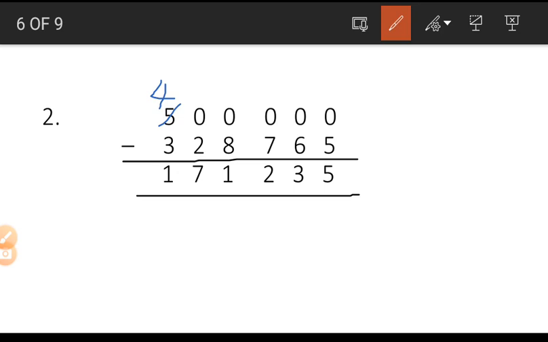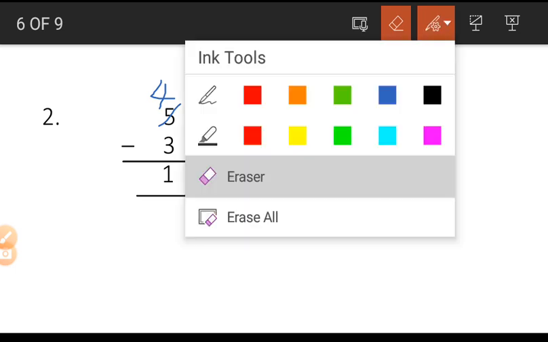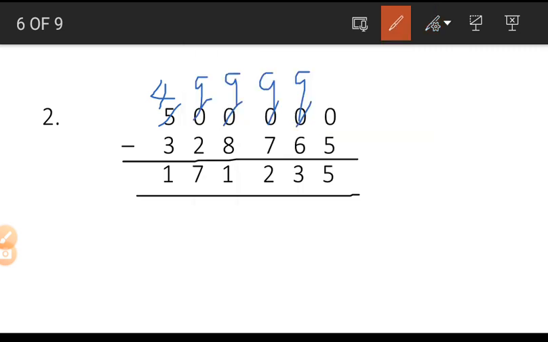And when that is done, you have to borrow to the next digit. And so we are going to obtain 9 in all, like this. So we get a 9, and the last digit, we have a 10.